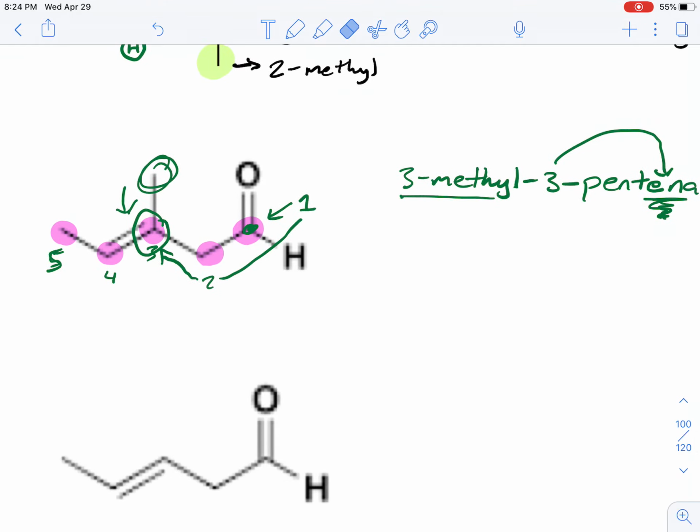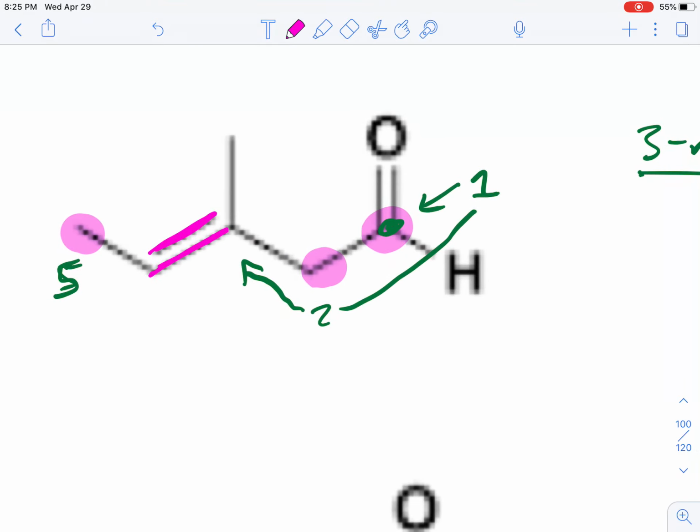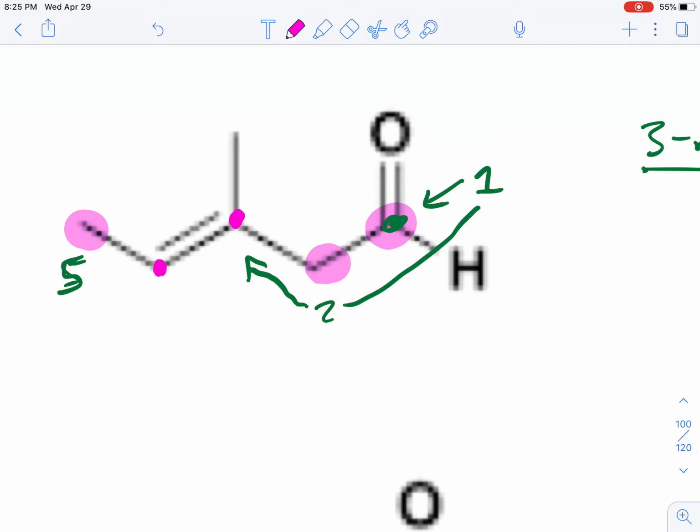Okay. All right, well, if I erase all of this stuff, I see that I have a double bond. And whenever I have a double bond, I have to think about potentially a geometric isomer. And so what I'm going to do is count the number of covalent bonds that surround each carbon that's creating that double bond.